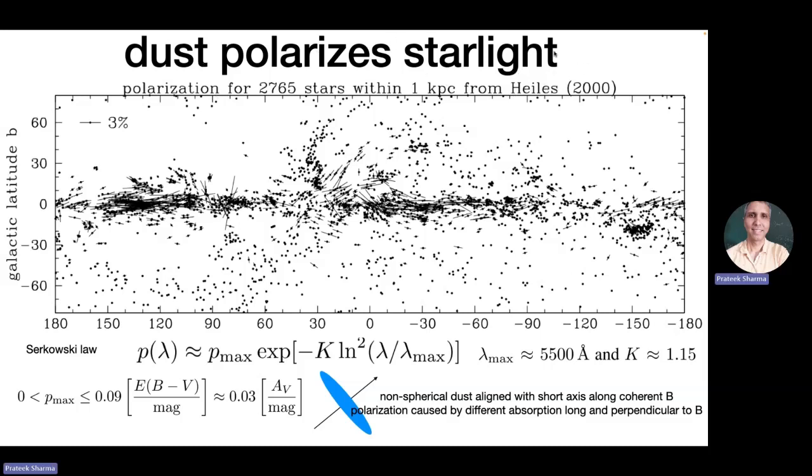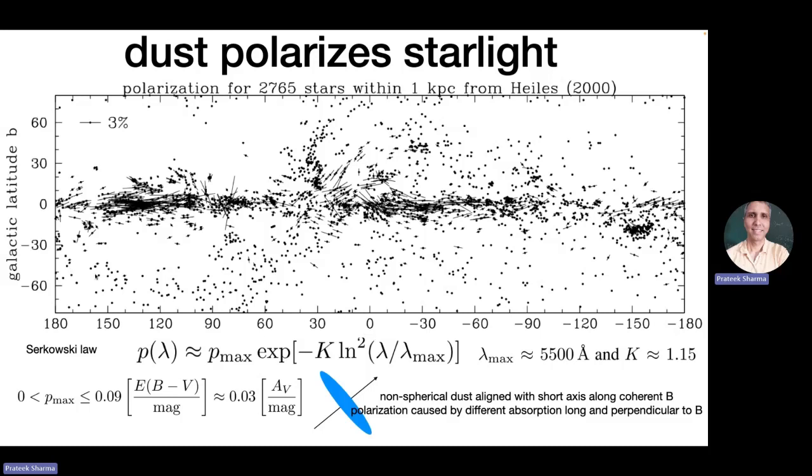Okay, dust polarizes starlight. Here is a map of the polarization of 2,765 stars within 1 kiloparsec of our sun. You look at all the stars and mark their positions.